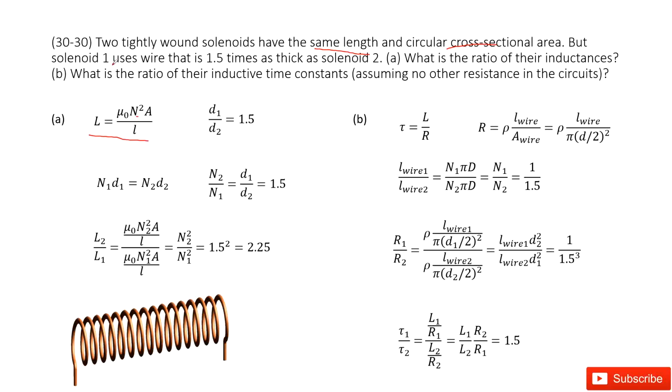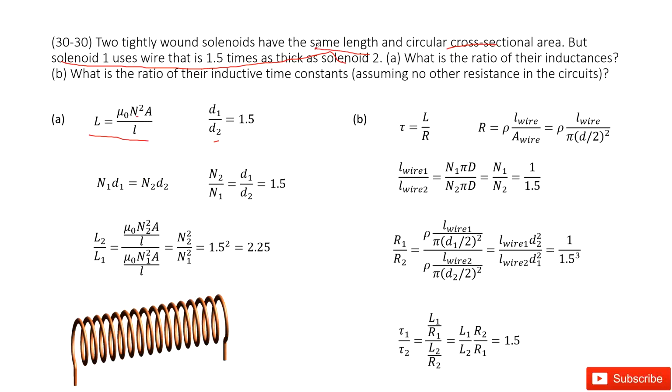And we know the thickness, that is the diameter of the wires, so D1 over D2 equals 1.5 from this sentence. Agree? Yes. Now, how can you convert the ratio from D to N?